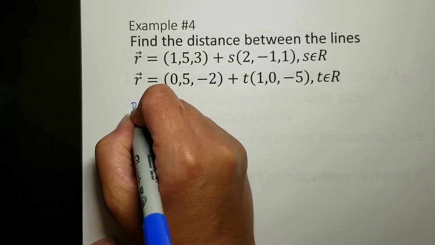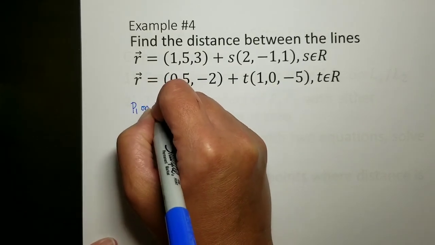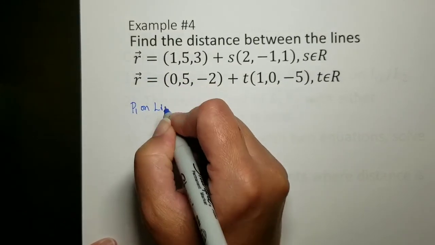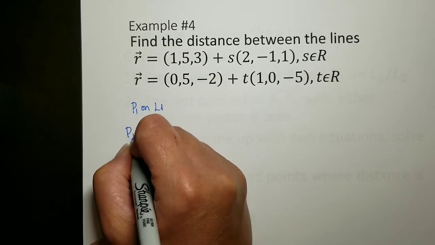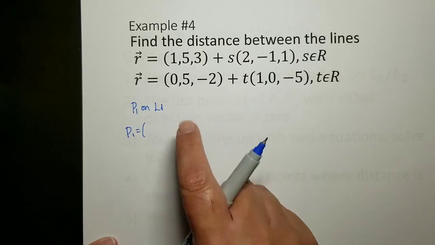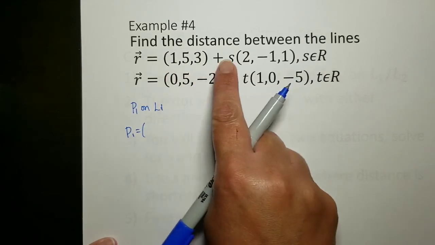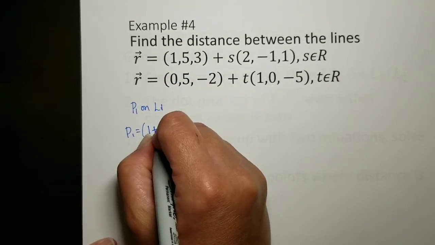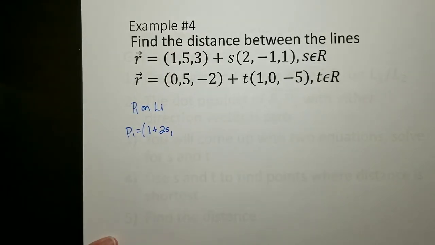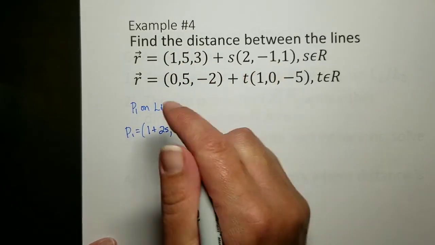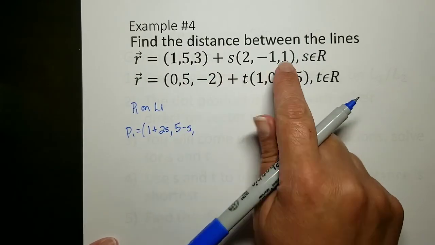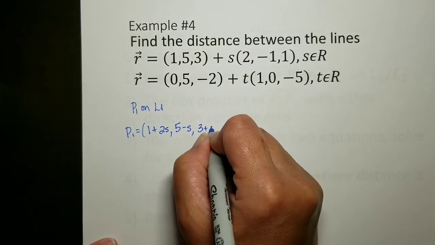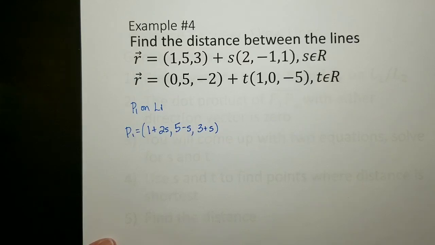I'm going to say P1 on line 1. So this general point on this line will be 1 plus 2s for the x value, 5 minus s for the y value, and 3 plus s for the z value.